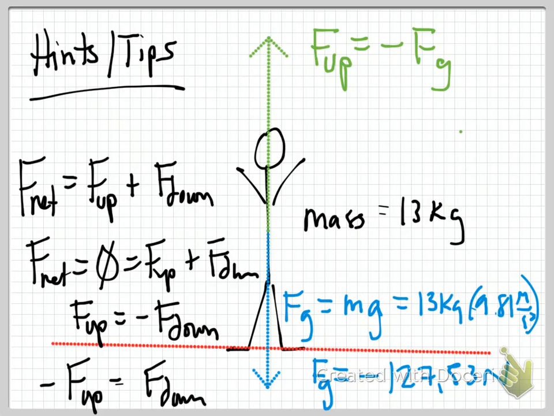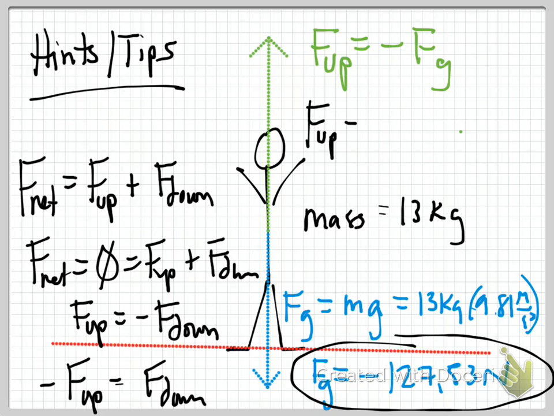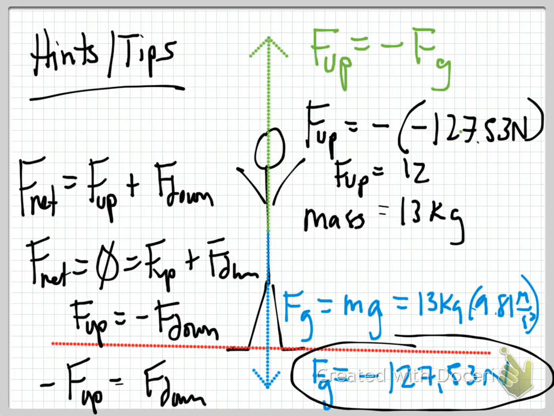Well, if this is your force down in this particular case, and we say that the force up is equal to the negative of negative 127.53 newtons, then what's your force up? 127.53 newtons. We can just do it like that every time. Now, I would advise you to stick with the convention that forces down are negative. Yes, it's in newtons.